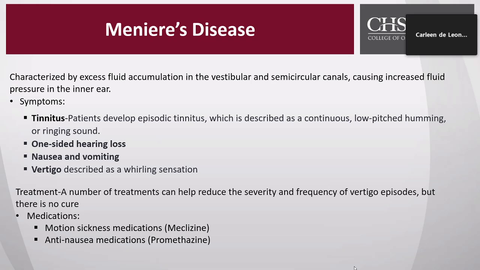If the dizziness causes severe symptoms, there are some medications you can take. They also recommend a low salt diet, which I'm assuming is because of the excess fluid built up in the ears. They also recommend low caffeine, cutting down on alcohol, and reducing your stress, which will reduce the symptoms if you have Meniere's disease.